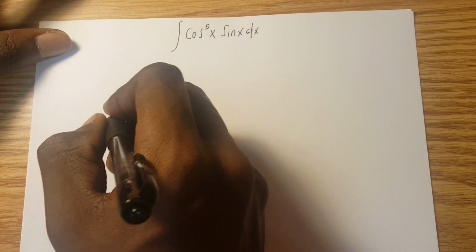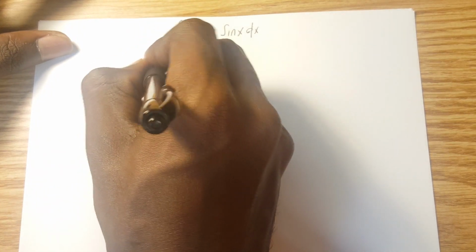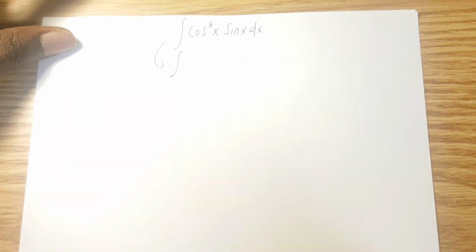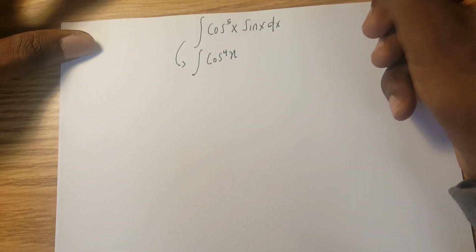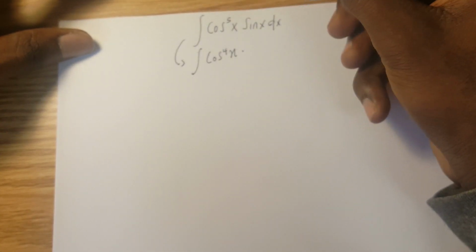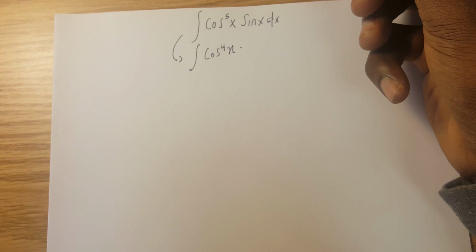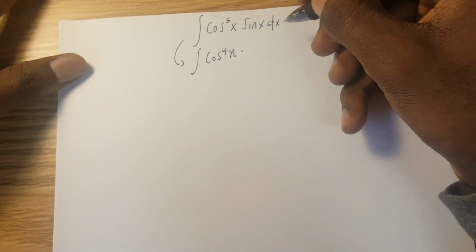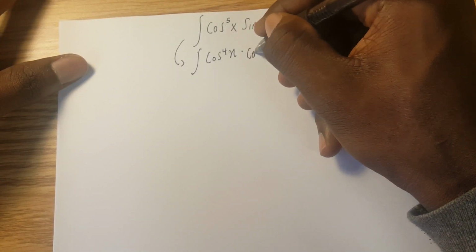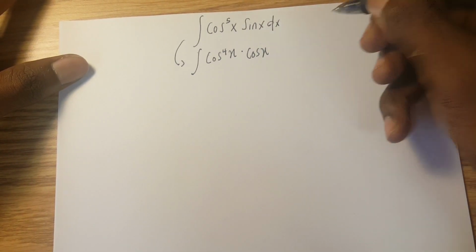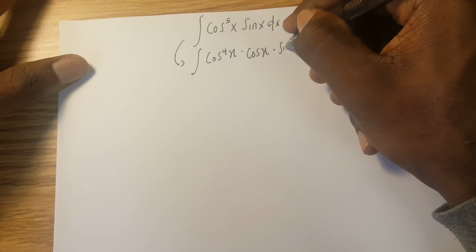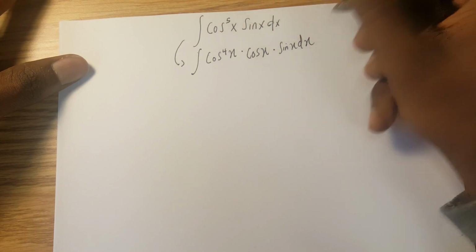We're gonna have cosine to the fourth x multiplied by another cosine x, which is to the power 1, but we won't write 1, sine x dx.